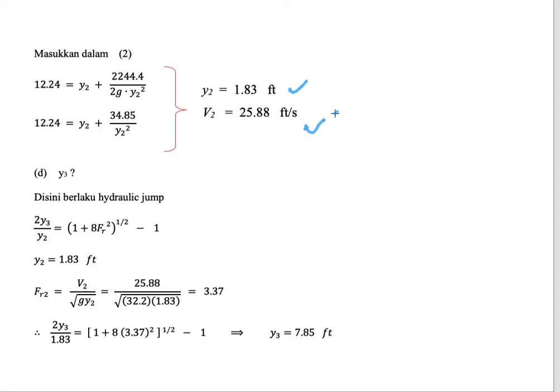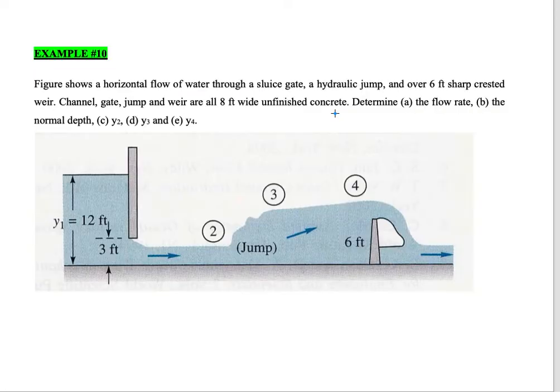Okay, and then we go for the Y3. According to the diagram here, we found that Y3 is after the hydraulic jump. Again, we could use the value of flow rate, but the value of energy cannot be equal, because if we have a hydraulic jump, it will use a certain amount of energy, so the energy at point number 3 will reduce.